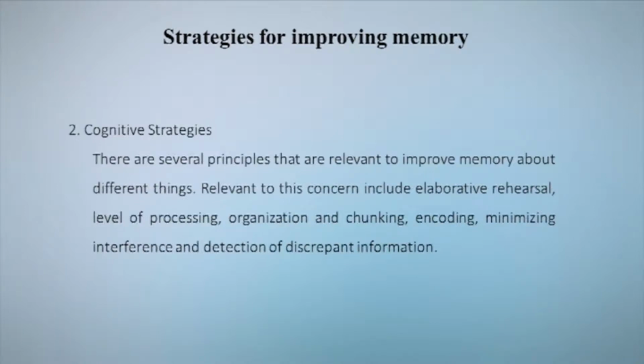Cognitive strategies. There are several principles that are relevant to improving memory about different things. These include elaborative rehearsal, level of processing, organization and chunking, encoding, minimizing interference, and reduction of discrepant information.